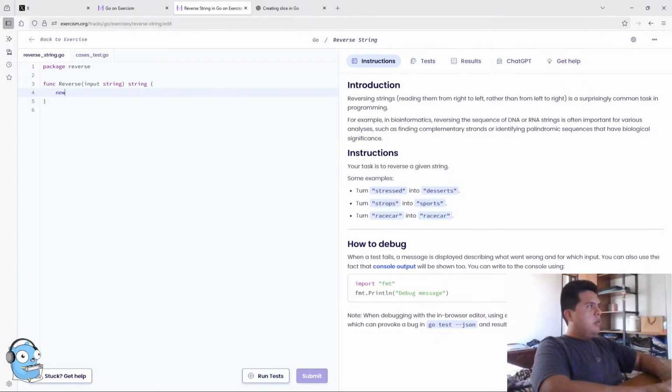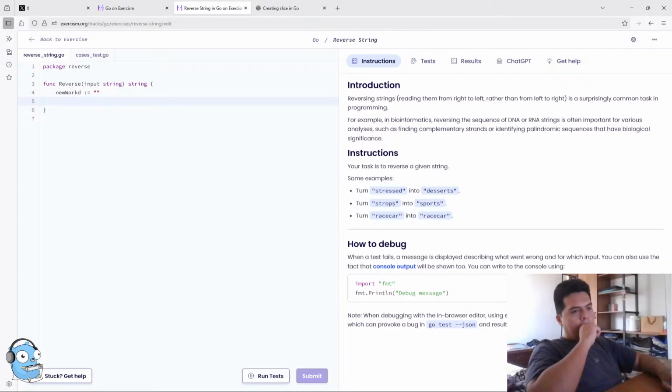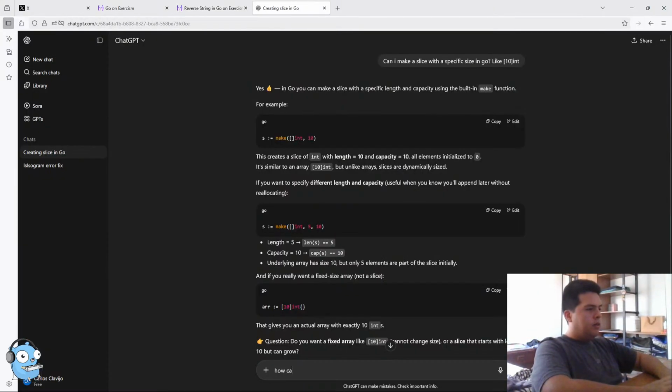New word equals to... how can I append a word? Okay. How can I append a character to a string in Go?